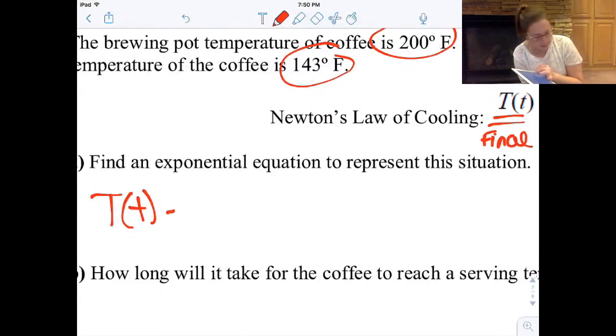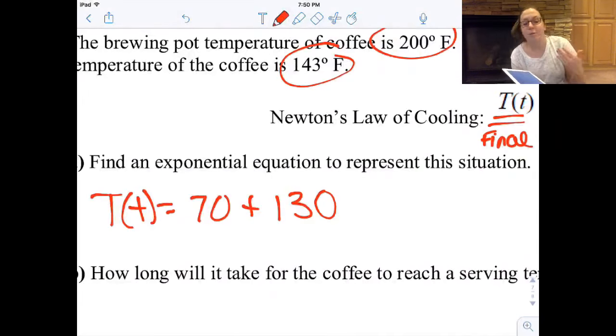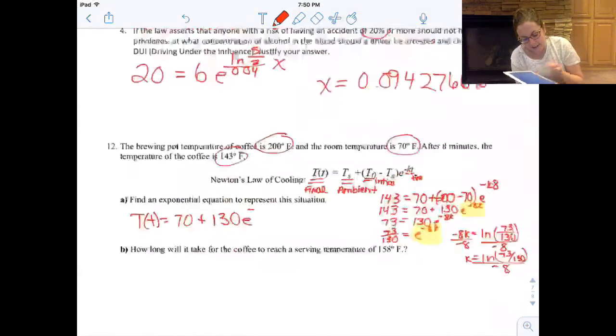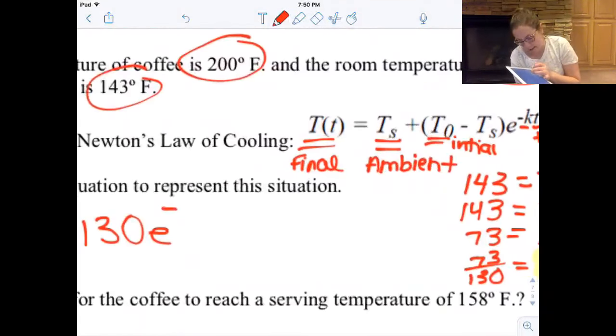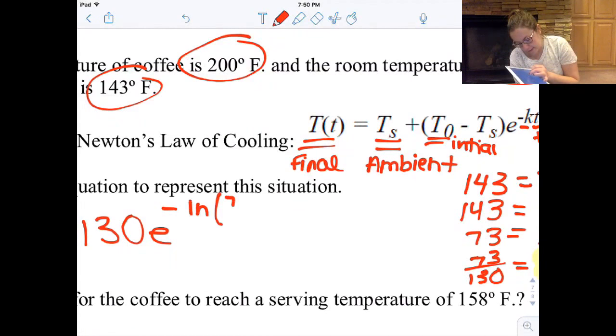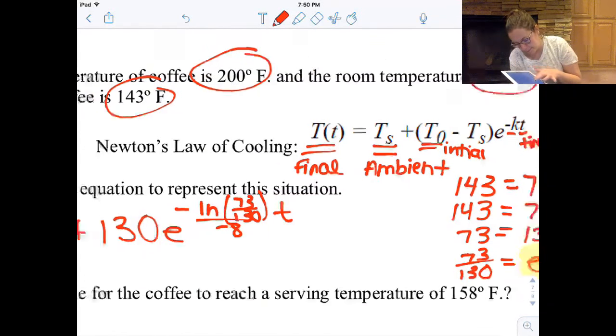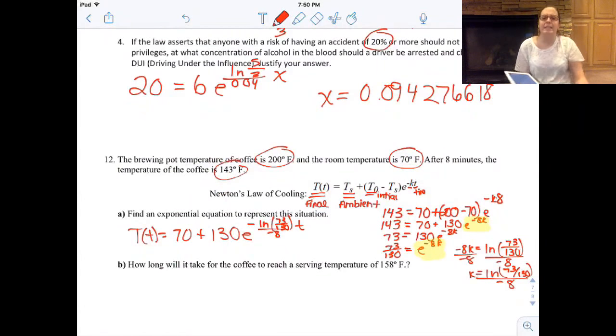And some people put that as a decimal because they just didn't round it. That's okay. How long will it take to reach 158? So set that equal to 158. And then you could subtract 70, divide by 130, and then divide by your k.